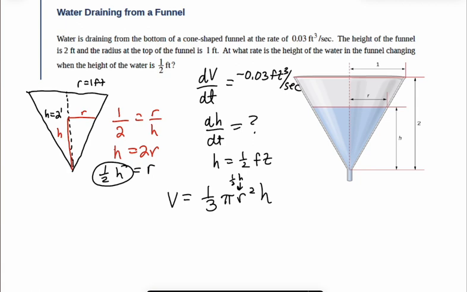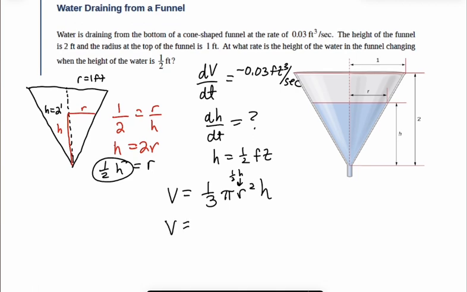The similarity in the cone gives us a relationship between the radius and the height. If I want the equation to only say height, I can substitute in for the radius, or vice versa. So what I know now is that the volume is 1/3 pi times (1/2 H) squared times H, or that the volume, when I get it all said and done, would be pi over 12 H cubed.